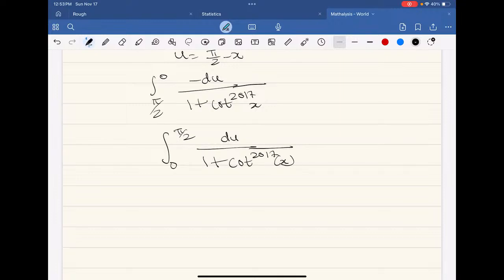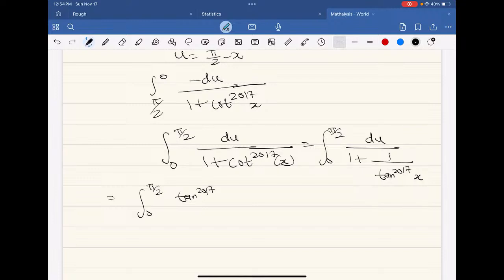Now you can write cot to the power 2017 as 1 by 10 to the power 2017u, right? Now this goes to numerator, so this becomes integral from 0 to pi by 2 of 10 to the power 2017u by 10 to the power 2017u plus 1.